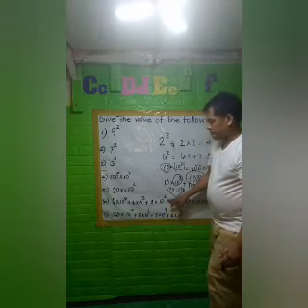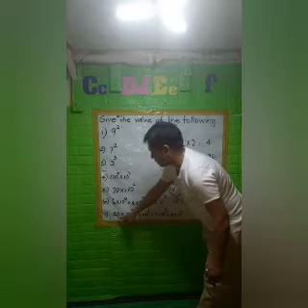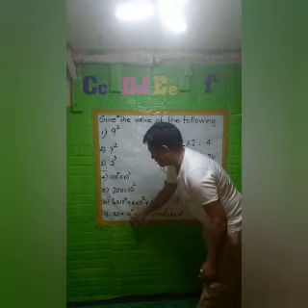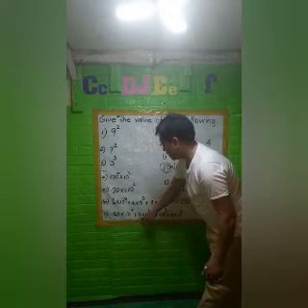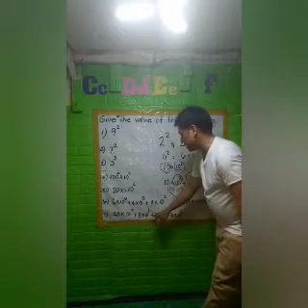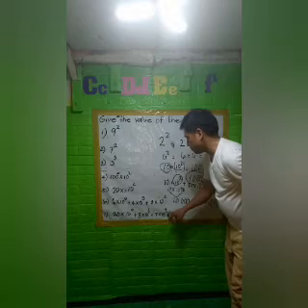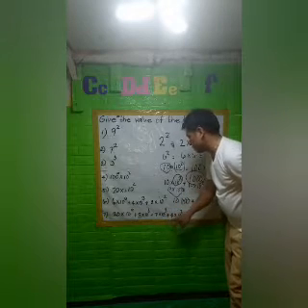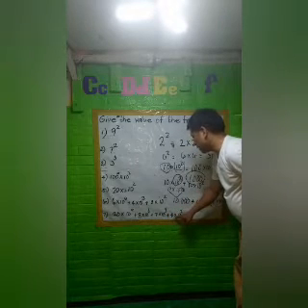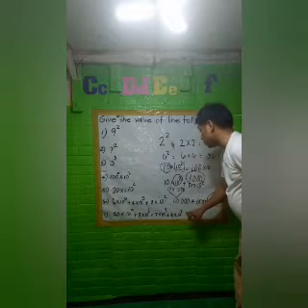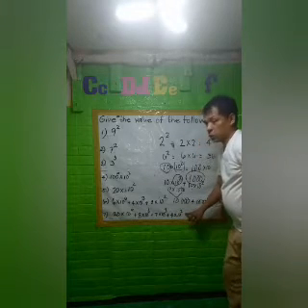What is the product? Next, what is the product of 10 times 10 to the power of 9 plus 8 times 10 to the power of 6, then plus 7 times 10 to the power of 3, or 10 cubed, plus 4 times 10 to the power of 2, or 10 squared.